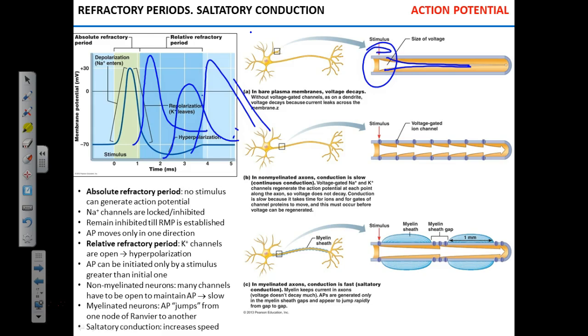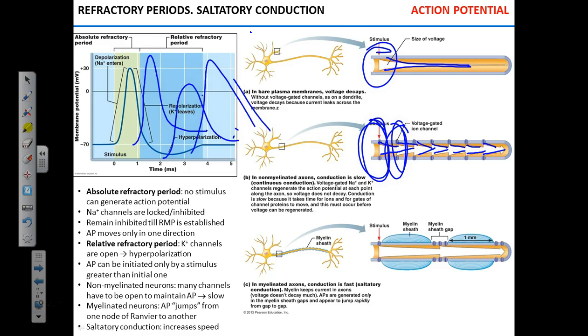But if the stimulus is strong enough and the voltage-gated channels are located close to each other, then depolarization of the membrane here will cause a wave of depolarization that will reach the next voltage-gated sodium channel, which will open and maintain the wave of depolarization. And this wave keeps going down the axon, okay? Sort of a domino effect.